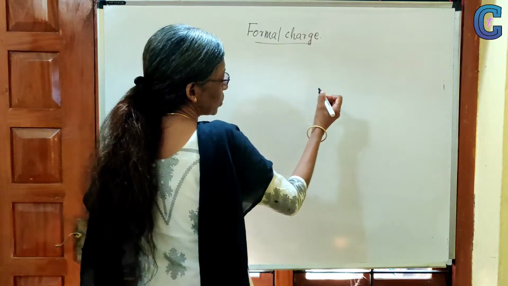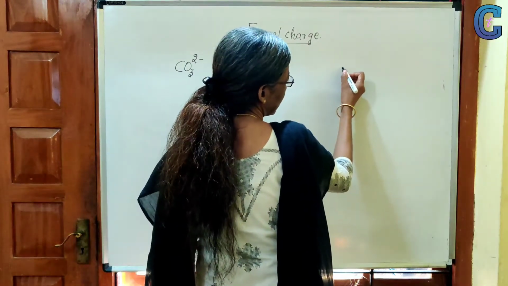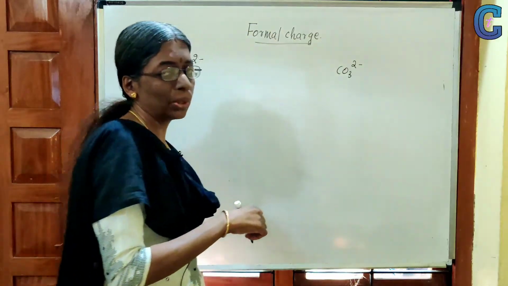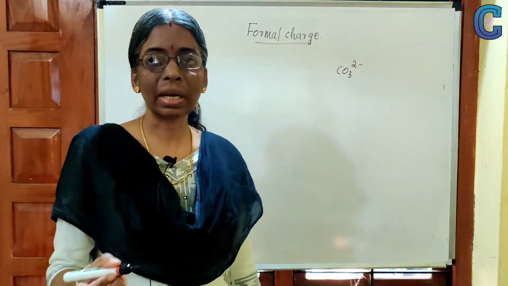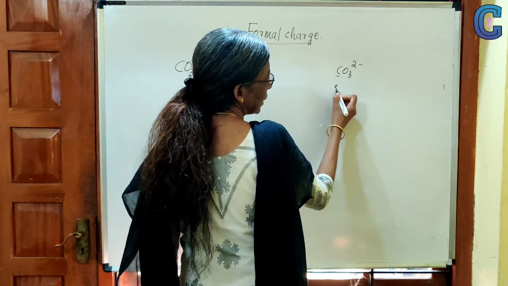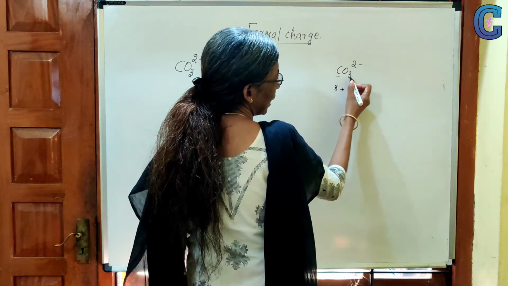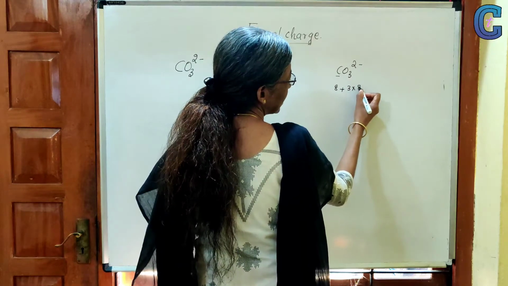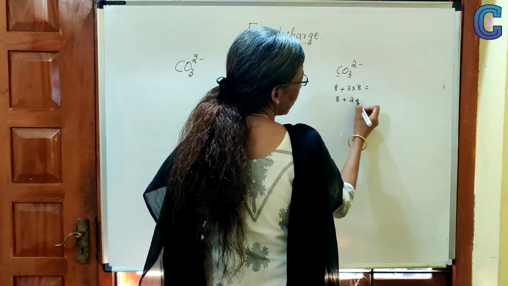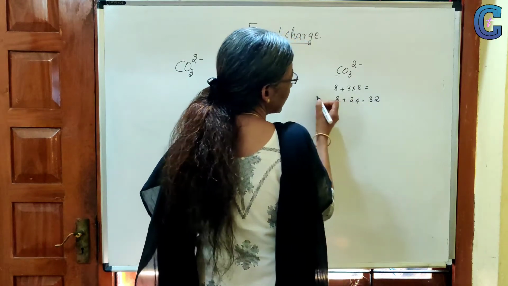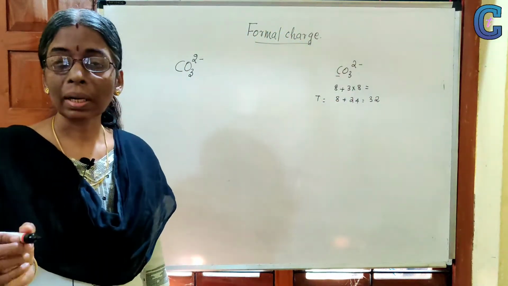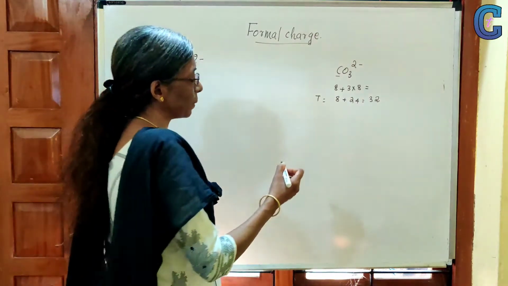Still I am giving one example. This is carbon, to complete the octet 8, plus 3 atoms, 3 into 8, so 8 plus 24 is equal to 32. This is the total number of electrons required to complete the octet configuration.